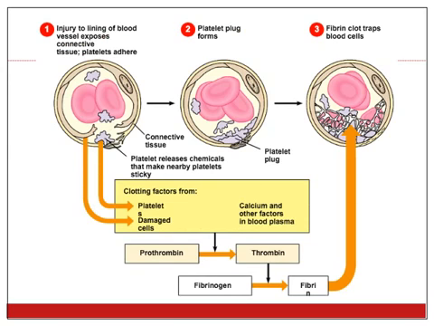Here's a diagram showing that. So here I have some kind of injury to my epithelial cells. Immediately these platelets, these little gray blobs, stick to that damaged epithelial tissue, and they release a chemical that makes nearby platelets sticky, so you get even more platelets sticking.